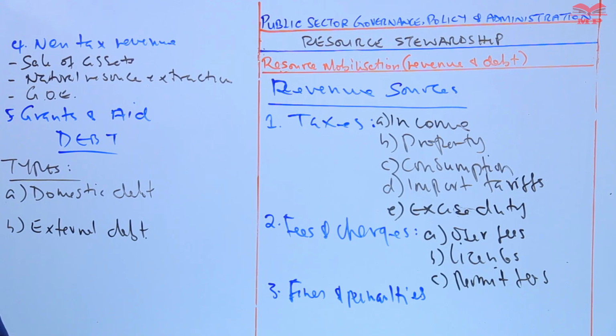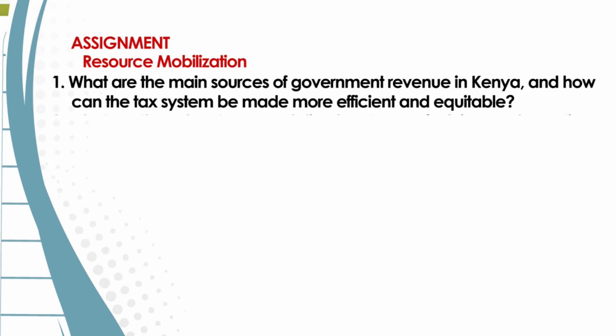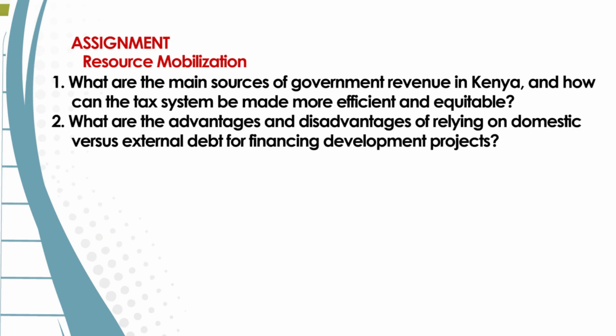Before we take a break, here is your today's assignment. 1. What are the main sources of government revenue in Kenya, and how can the tax system be made more efficient and equitable? 2. What are the advantages and disadvantages of relying on domestic versus external debt for financing development projects?